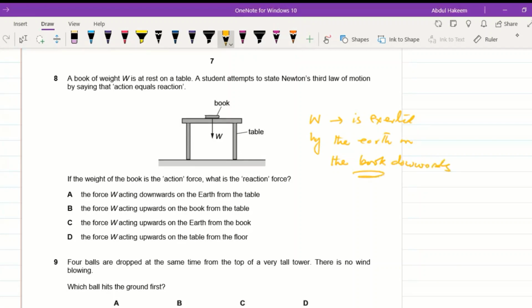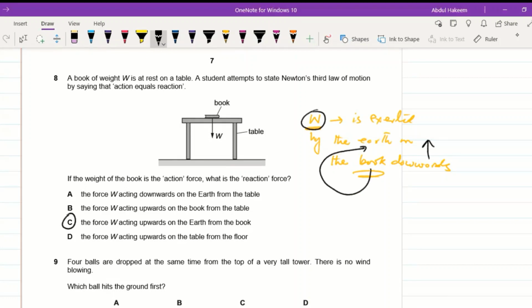This is the action. The weight W is exerted by the earth on the book downward. So the earth is attracting the object downward, the force which is called the weight. Now the reaction will be the same W, and it will be from the book on the earth, but upward.